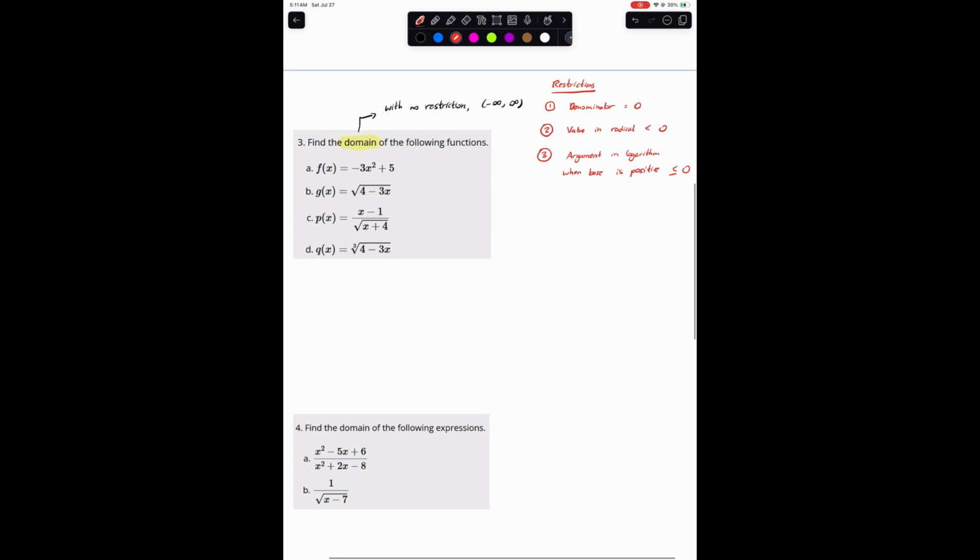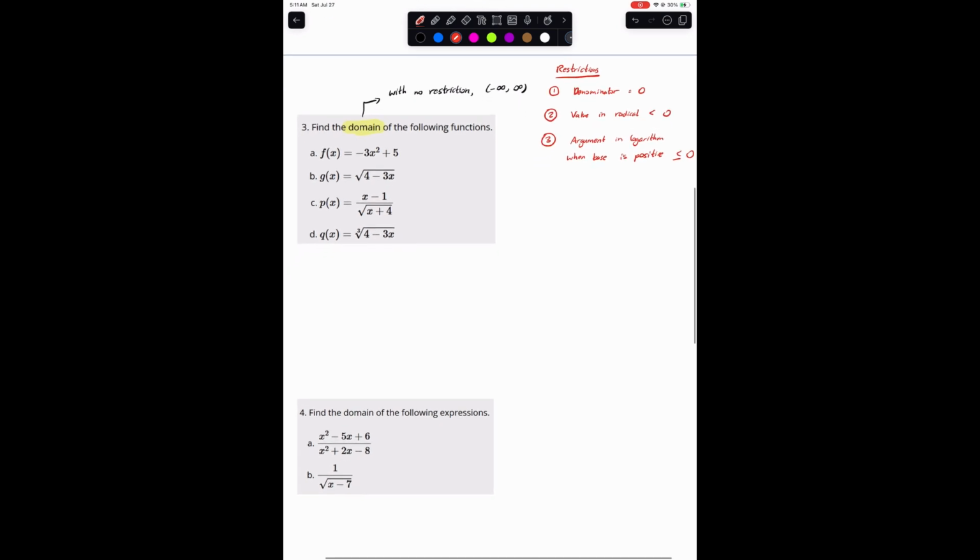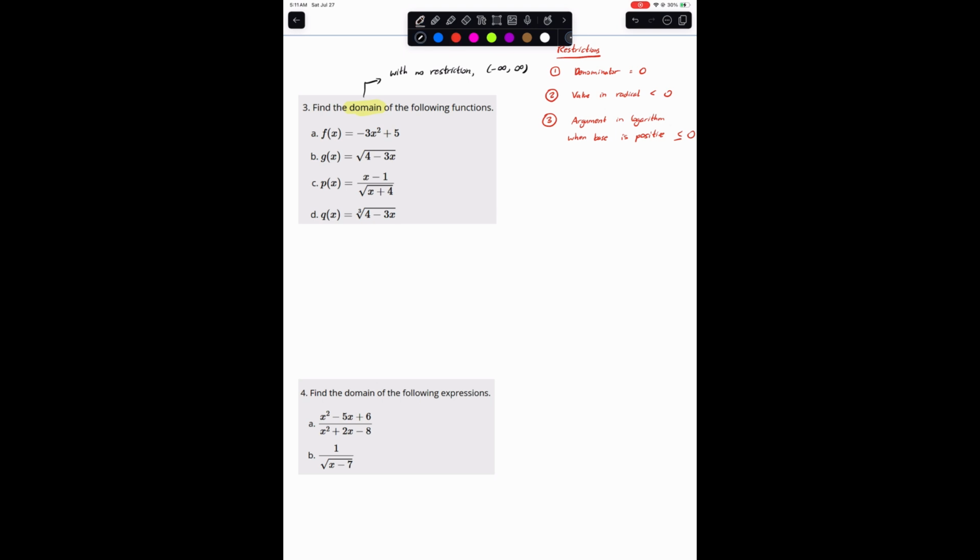So we can look for these three potential restrictions and then rewrite our domain to include such restrictions. Okay, so first off, for part a, we don't have a fraction, we don't have a radical, and we don't have a logarithm. So this domain is just negative infinity to infinity.